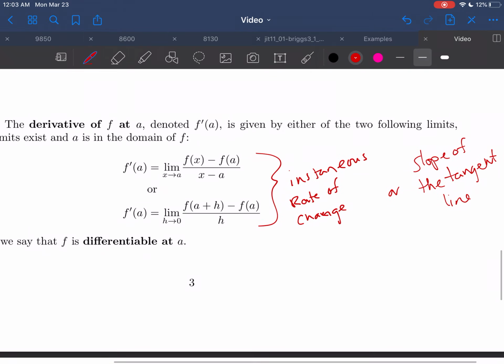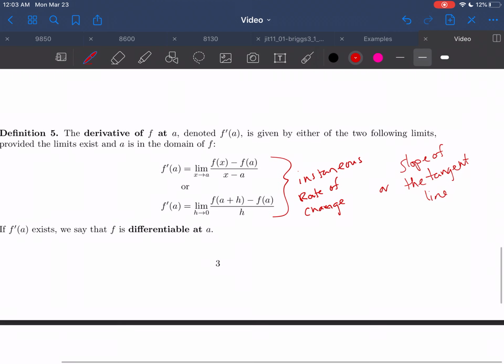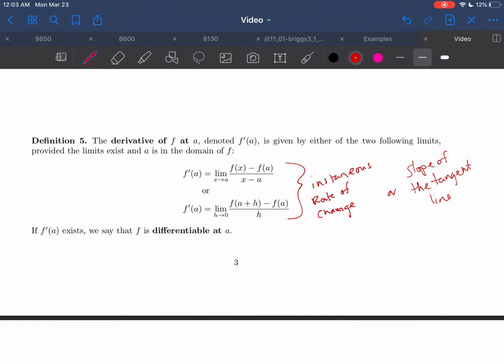So our derivative of f at a is going to be the same thing as our instantaneous rate of change, or the slope of our tangent line. They're all three the same thing.